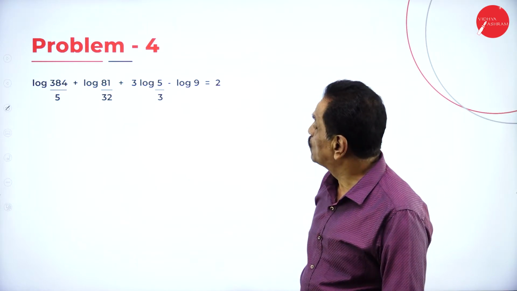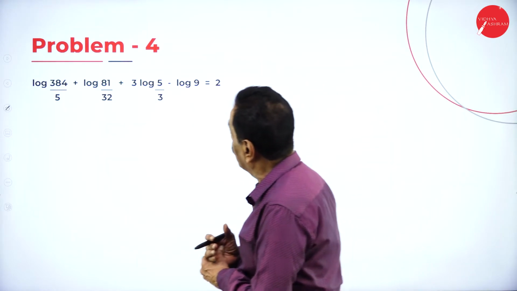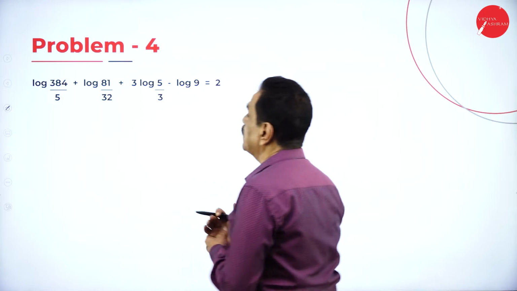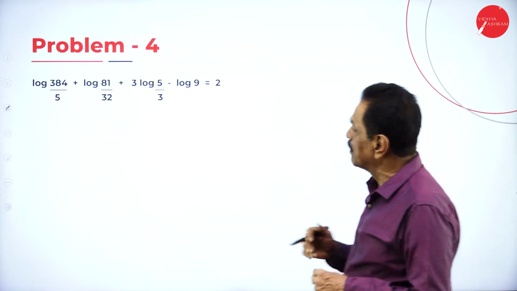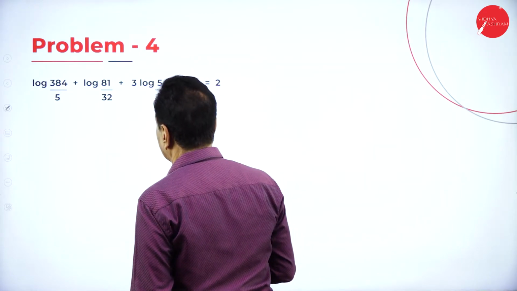Log 384 divided by 5, log 81 divided by 32, log 5 by 3 is log 9.